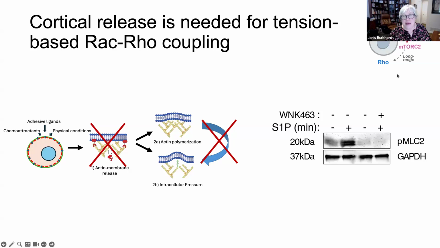So if you can't make an actin-rich protrusive response, then you're not going to be able to get myosin activation at all. So actually, this is another level of crosstalk between these two pathways because if some of the signaling is itself force dependent, then you're going to block that if you don't get cortical release.